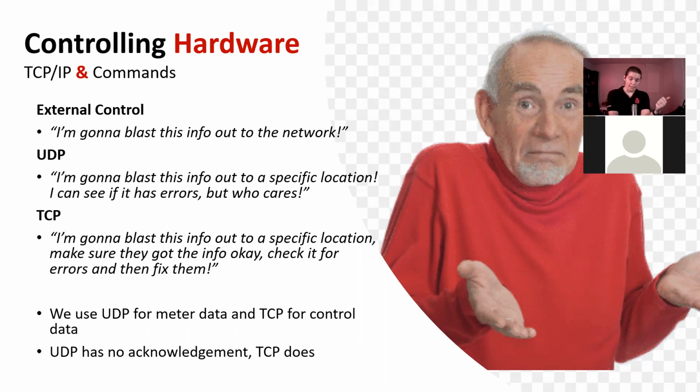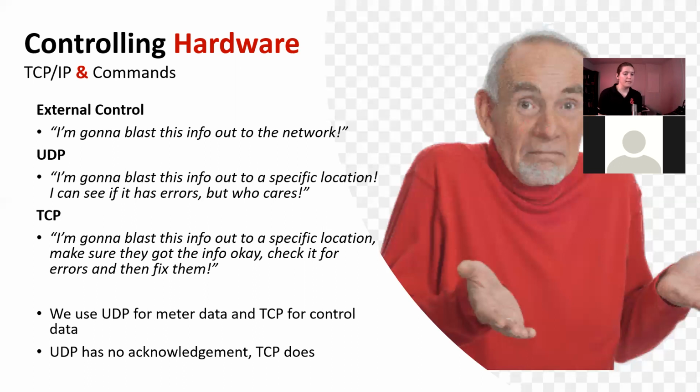If it's UDP, it's kind of like saying, I'm going to blast this information out to a specific location, and I'm going to see if it has errors, but I really don't care. And TCP, which is the most ideal and biggest version, is like saying, I'm going to blast this information out to a very specific location. I'm going to make sure that they got the information okay, and I'm going to check it for errors, and I'm going to fix them.